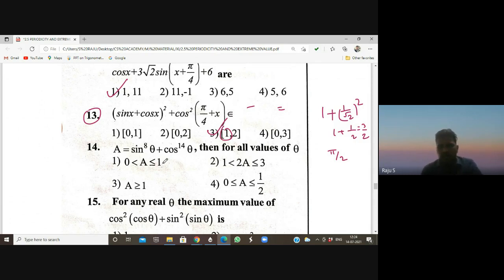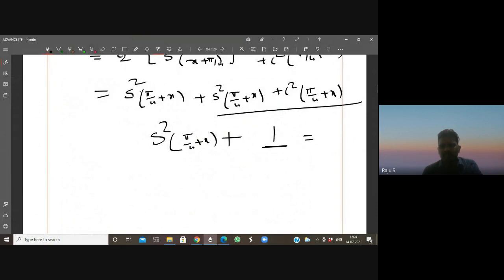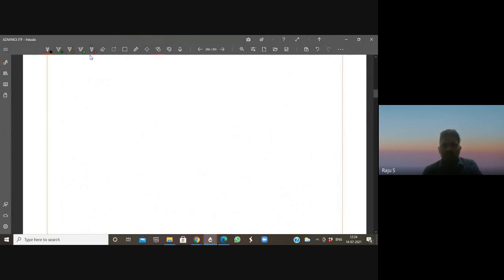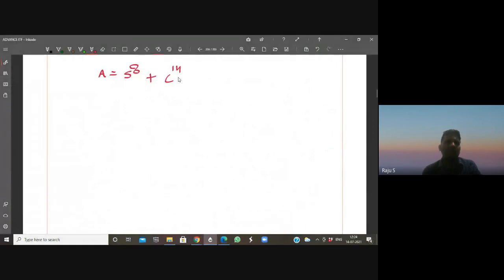So any doubts in that question? Okay, then let us proceed to the next question. Here the value a is sin to the power 8 plus cos to the power 14, because it is not different angles, not 2 theta; it is the same angle theta, so simply you can write sin^8 theta plus cos^14 theta.